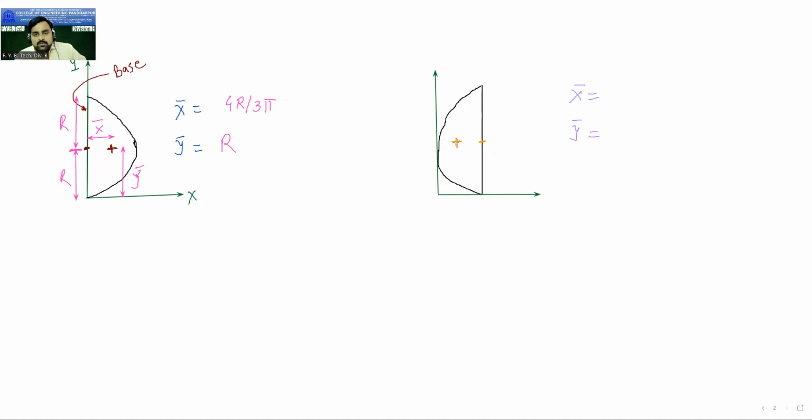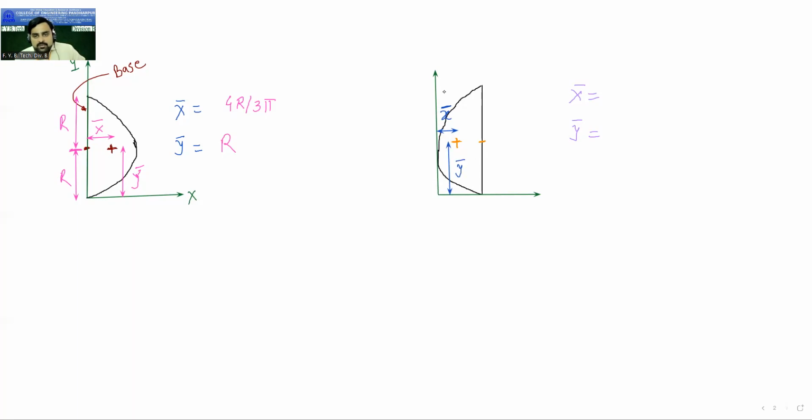So see, now this is the centroid. The distance of the centroid from the y-axis, this much distance, is nothing but my x bar. And the distance of the centroid from the x-axis, this distance, is y bar. Now this is the center.